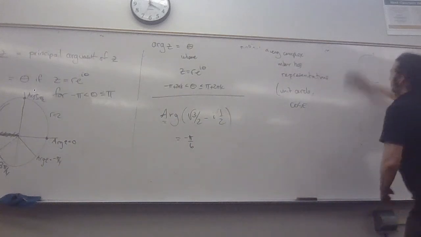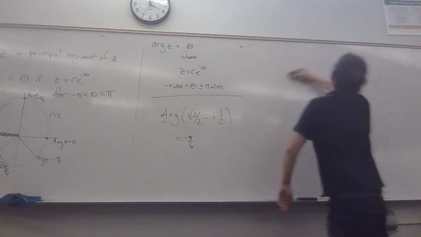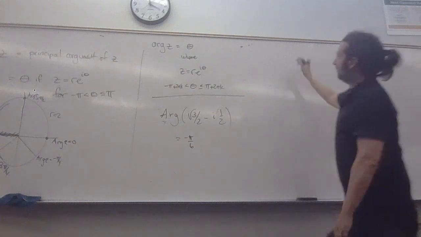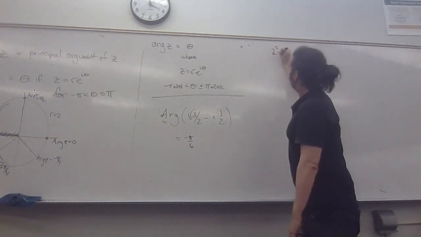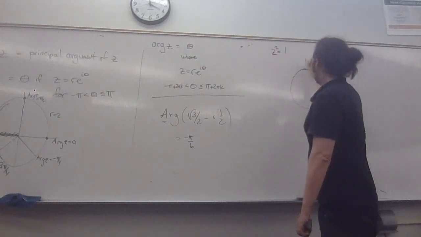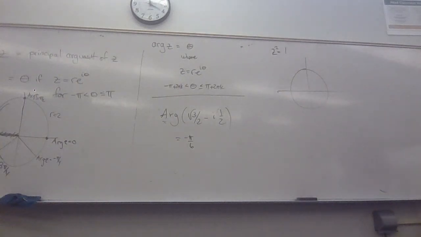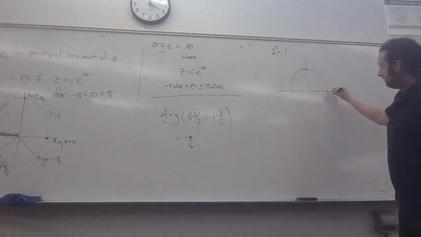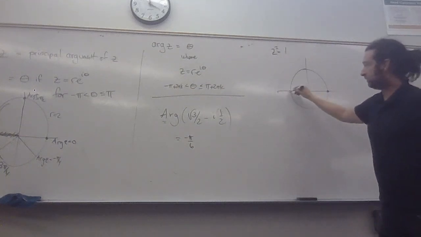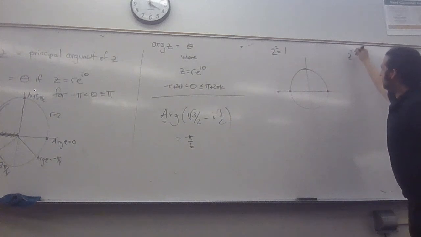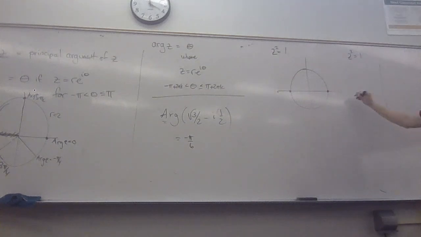And the last thing I'm going to leave you with today is something to think about. What do the solutions to this equation look like on the unit circle? z squared is equal to 1. What are they? 1 and minus 1. Okay, what do the solutions to this equation look like? One right here, because that doesn't move.